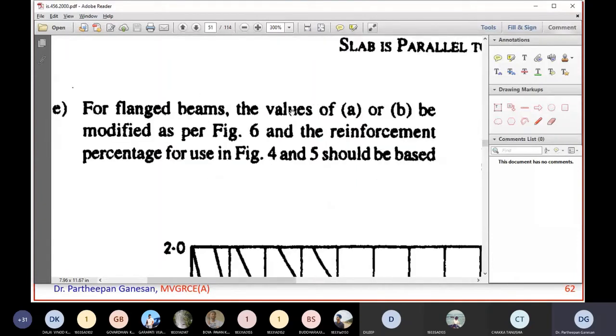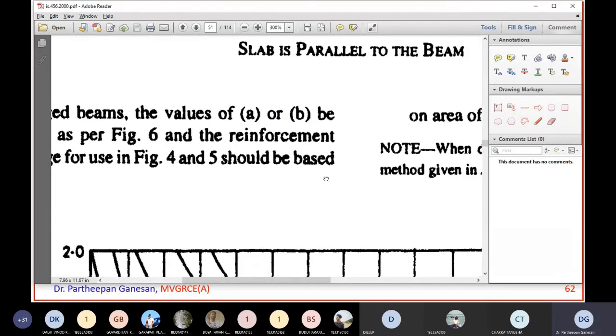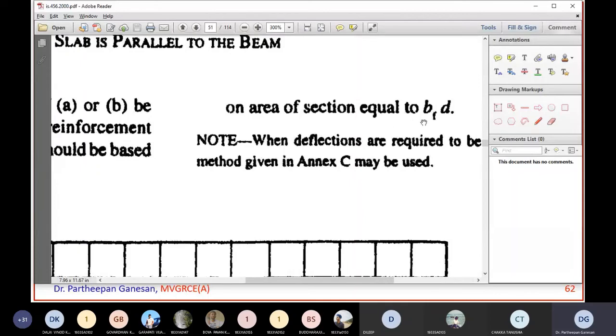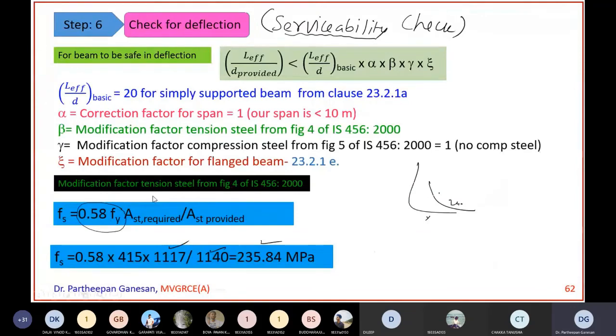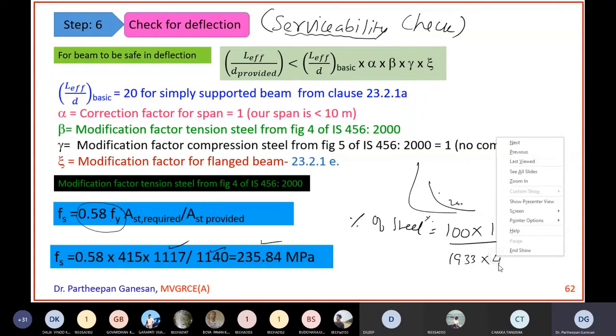For flanged beams, the value of A or B is modified as per figure 6, and the reinforcement percentage for use in figures 4 and 5 should be based on the area of section equal to bf into D. So you have to find out the percentage of steel, which is 100 into AST provided, 1140, divided by bf, 1933, into D, 400.